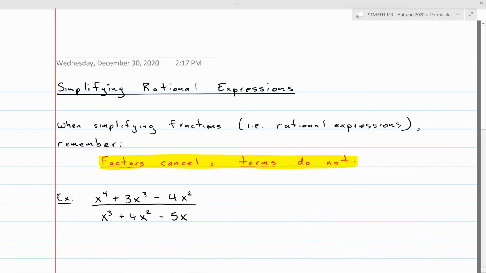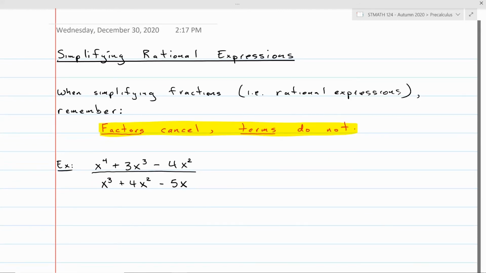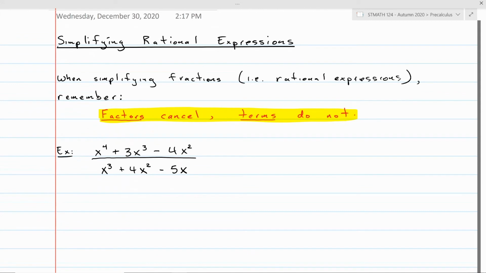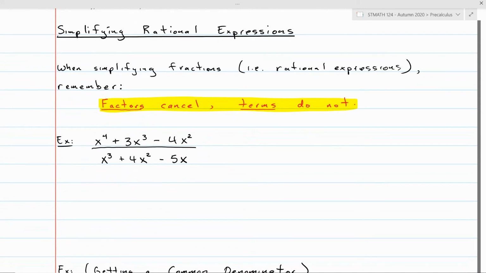Okay, next topic. We need to talk about how do you simplify rational expressions. Well, rational expressions, those are just fractions, right? So the key thing that you got to remember is it's factors that cancel. Individual terms do not. So what do you mean by factors? Well, we just talked about factoring things, right? Factors are whenever you take an expression and you write it as products of things multiplied together.